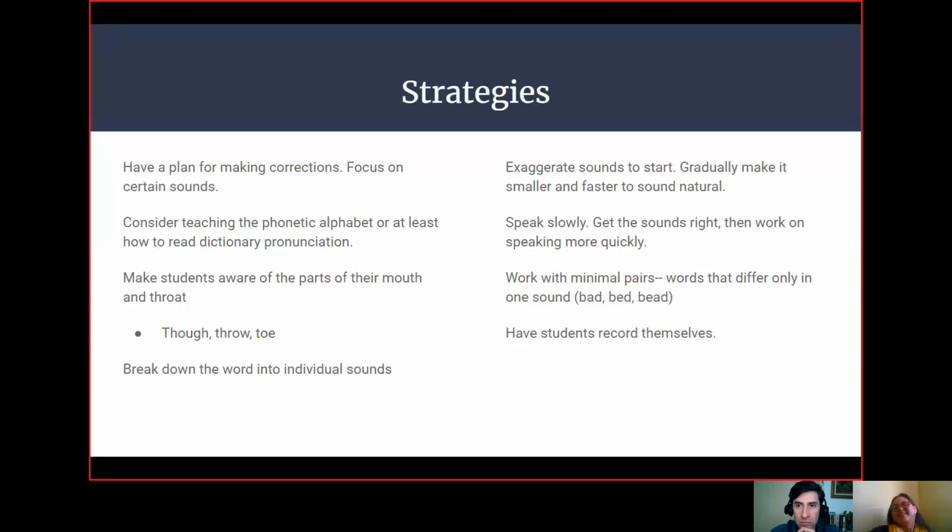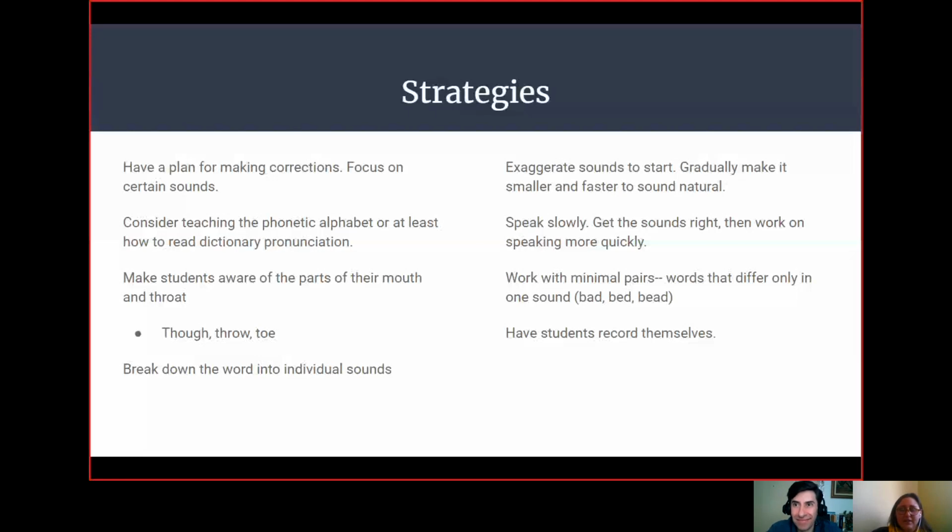And the last one, it's a really good idea to have students record themselves. I know everybody hates the sound of their own voice, and I do too. But students often have trouble hearing what they're saying as they say it. They think that they're saying it correctly.